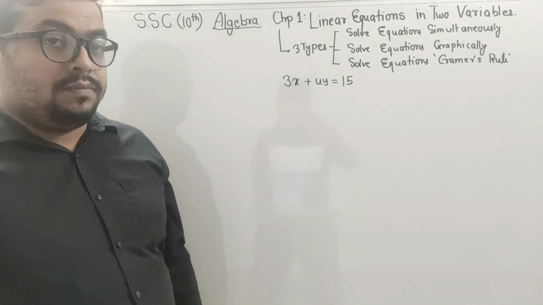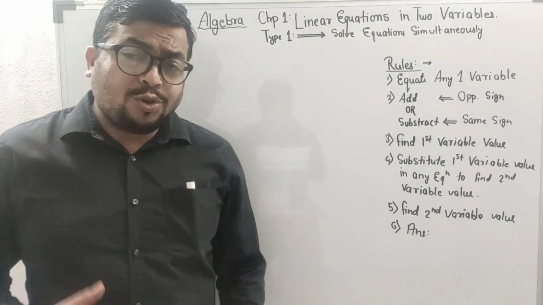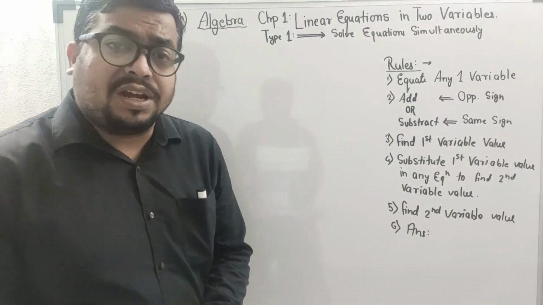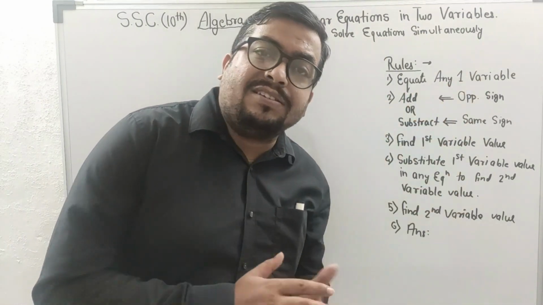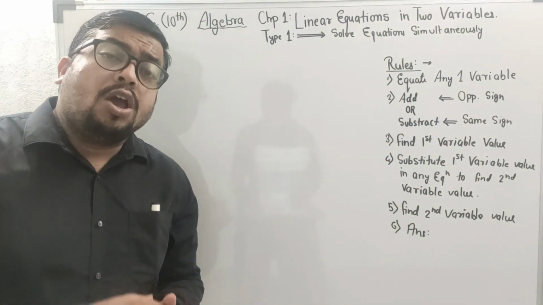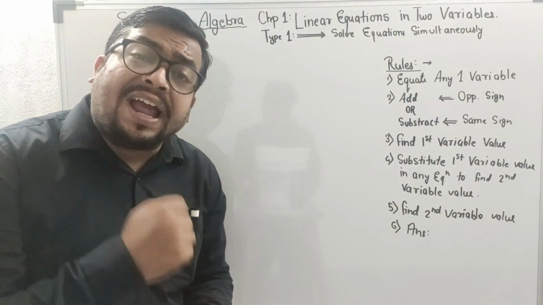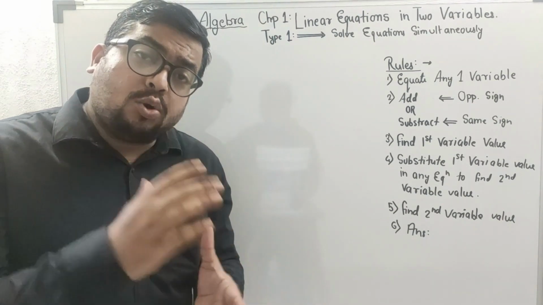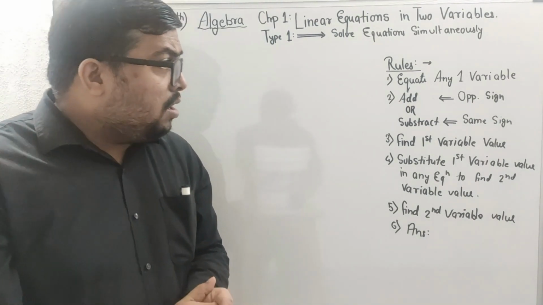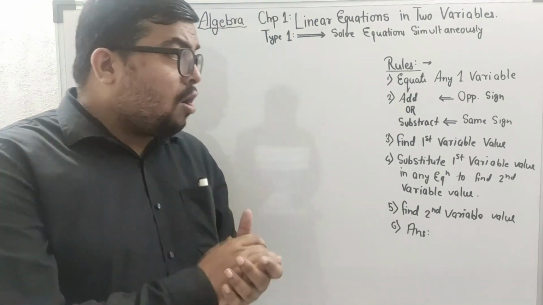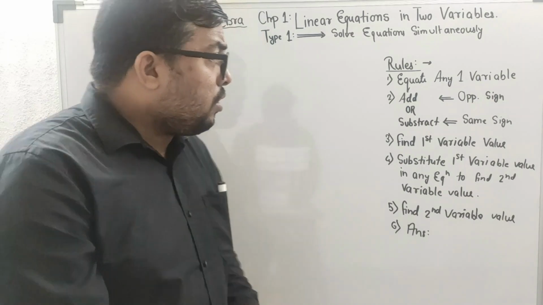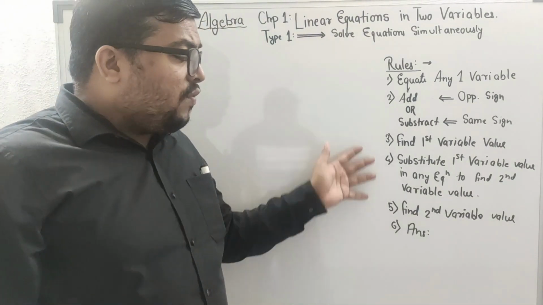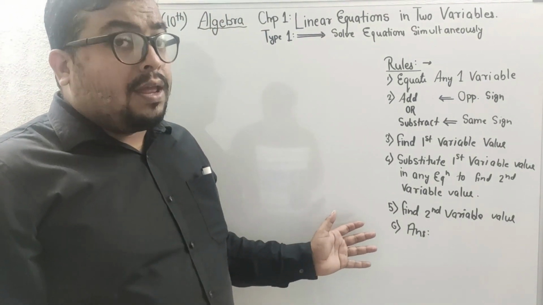So students, today we are going to study type 1, that is solving equations simultaneously. In this type, first of all, we are going to study the rules of these equations. The rules are written over here. You can copy that.